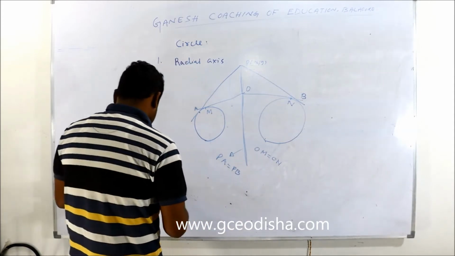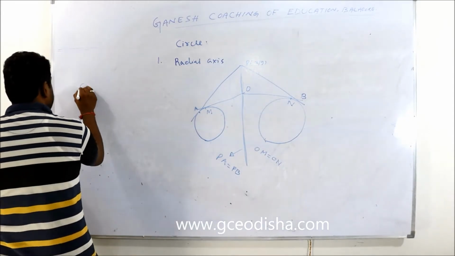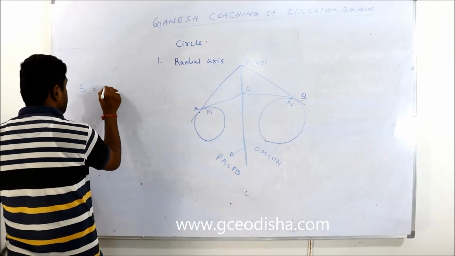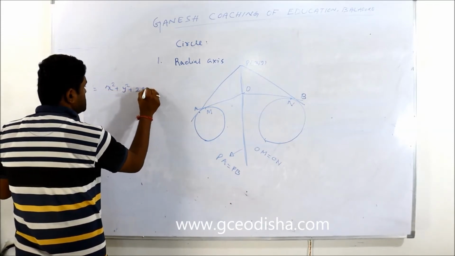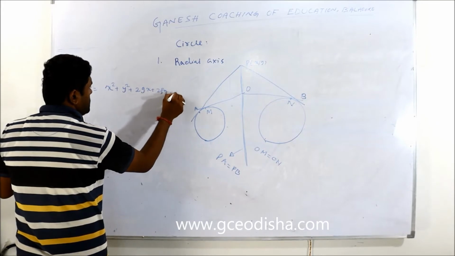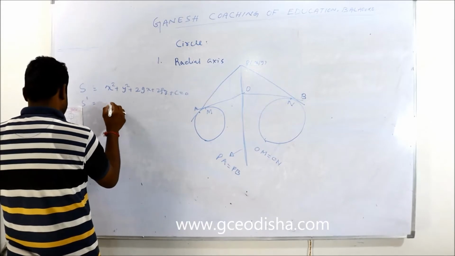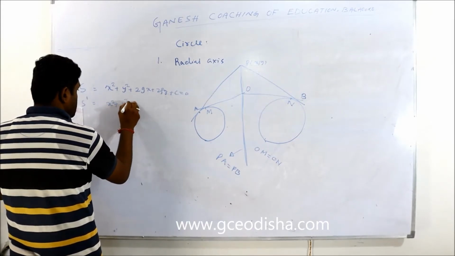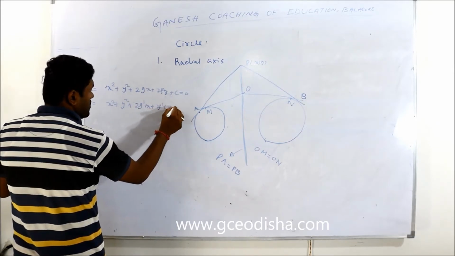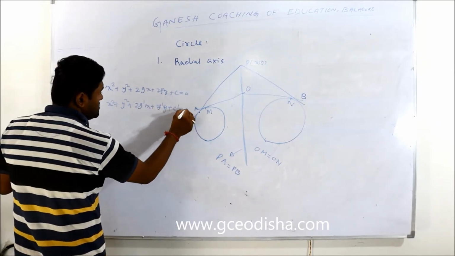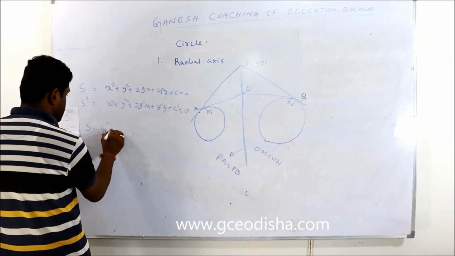Okay, like some circle S is x square plus y square plus 2gx plus 2fy plus c is equal to 0. Another circle is S dash, x square plus y square plus 2g dash x plus 2f dash y plus c dash is equal to 0. Then the radical axis of the circles is S minus S dash is equal to 0.